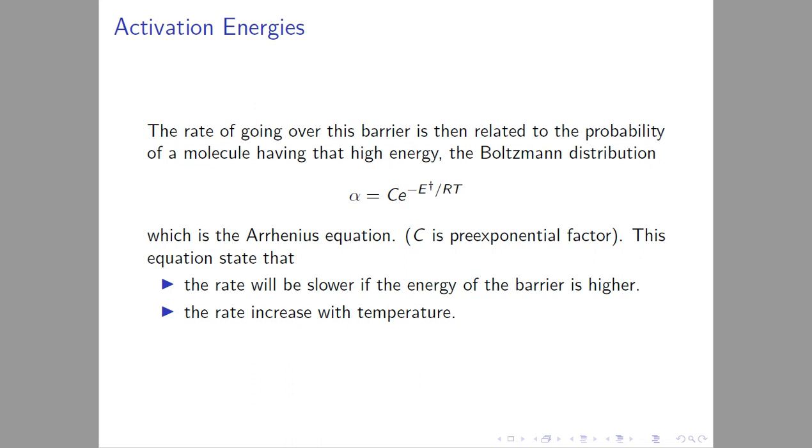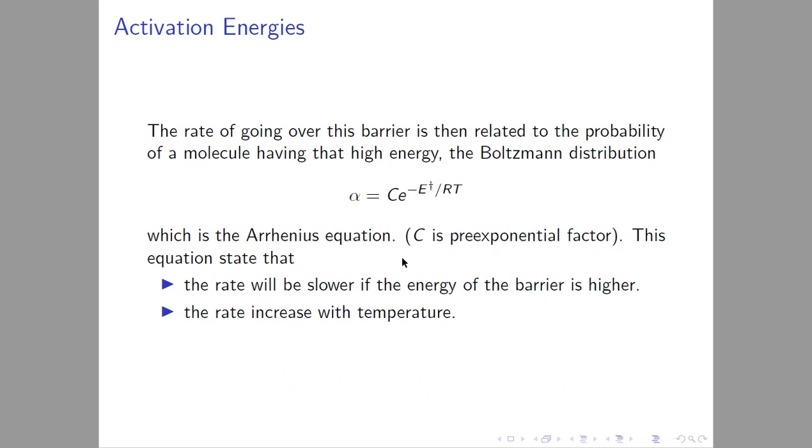So what is the activation energy? From the Boltzmann distribution, the rate constant can be written as alpha equals C exponential of minus E dagger over RT. This is the Arrhenius equation, and C is the initial value or the frictional factor, a constant.